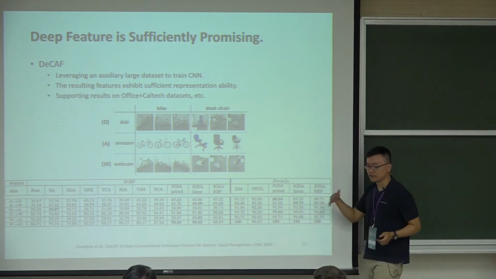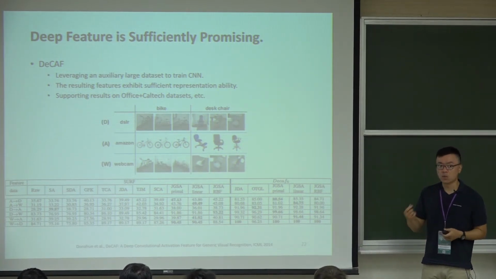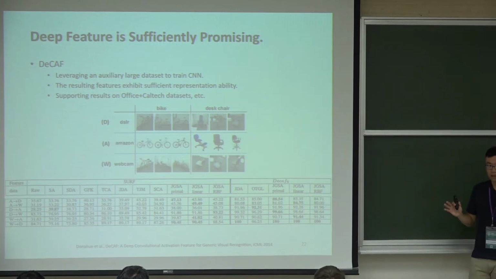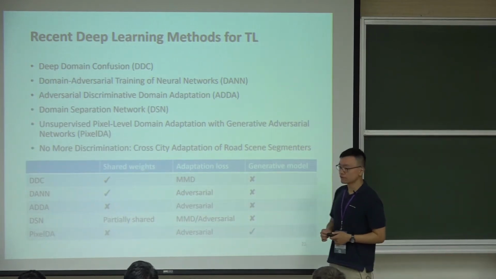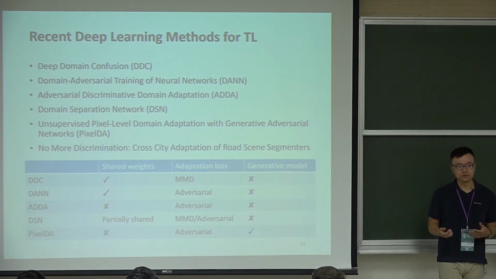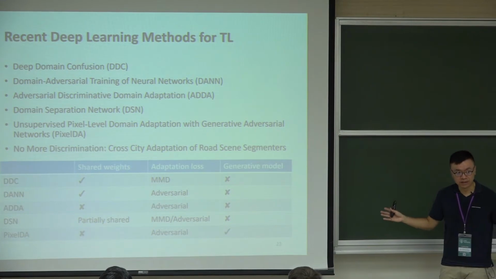So hopefully this table gives you a good idea why picking good features, why CNN is so powerful, so promising in many adaptation tasks. Of course, not all problems can be addressed by picking CNN features. Otherwise, we would just stop here and go out for lunch, right?